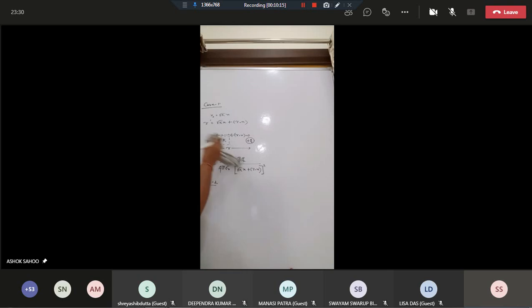Listen. Case 2. Completely filled up by the dielectric. Q1, this is Q2.